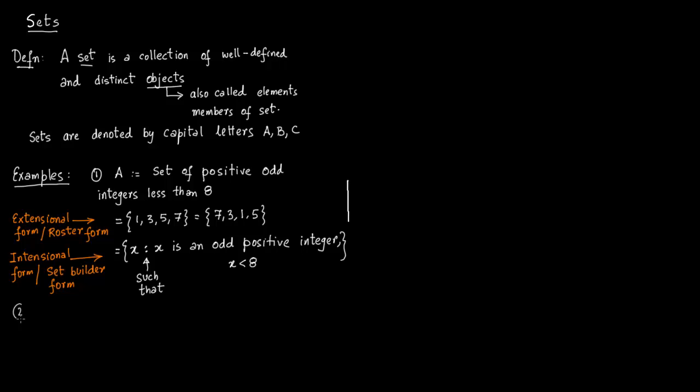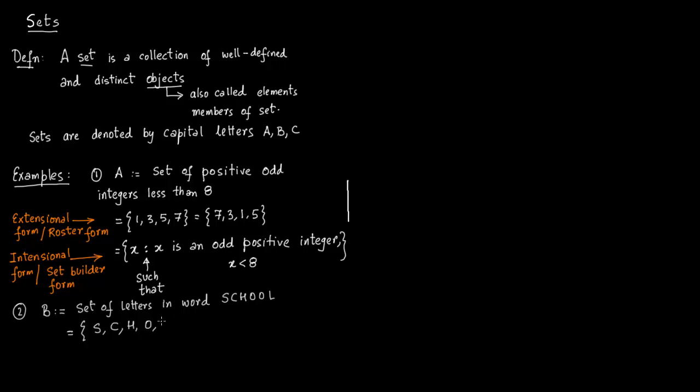Example number 2. Let another set be denoted by a capital letter B, and it is the set of letters forming the word school. Here we will make use of the word in the definition called distinct. A set is a collection of well-defined and distinct objects.